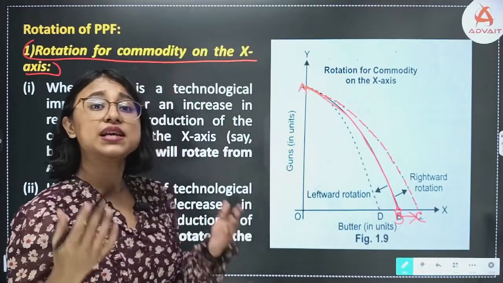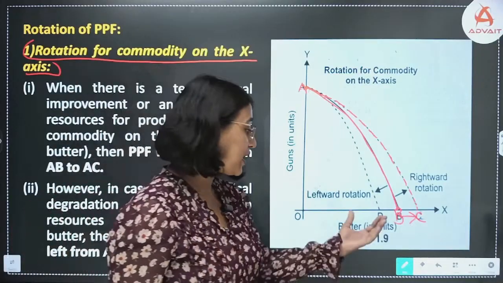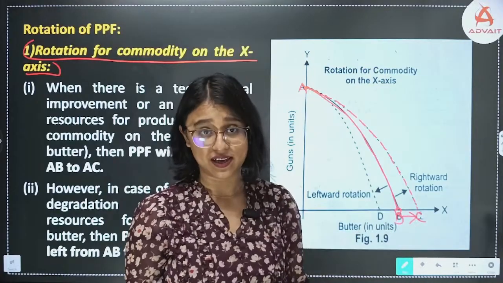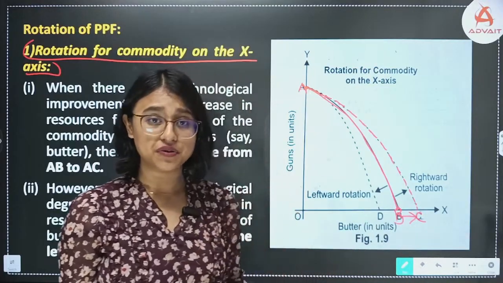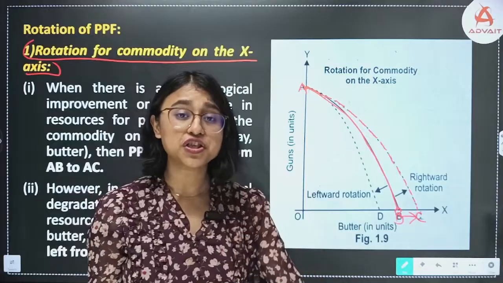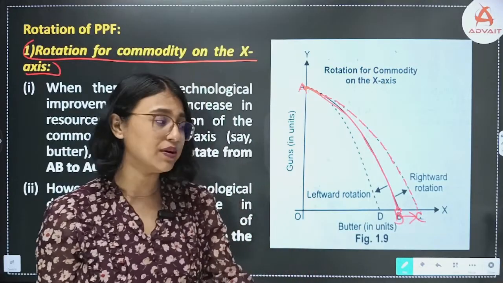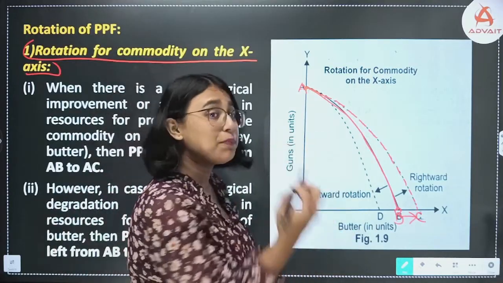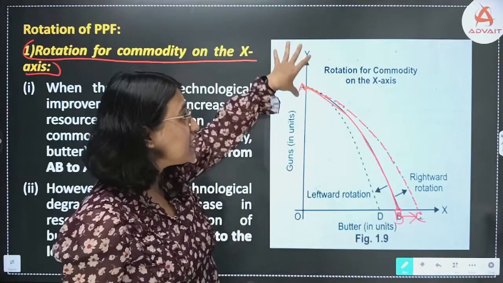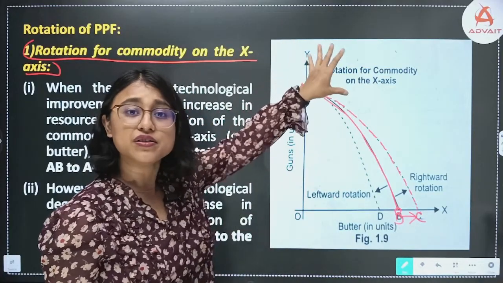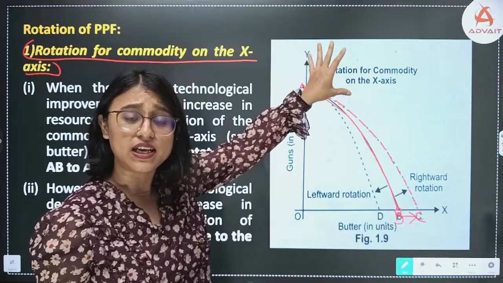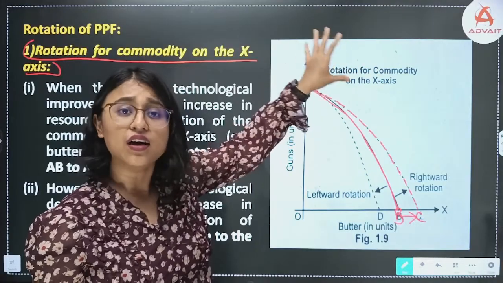Similarly, যেতিয়া productive capacity of production of butter কমি আহিছে, technological degradation হৈছে, suppose there is reduction in the resources available, তেতিয়া কি হ'ব, the PPF will not change along y-axis because there is no change in productive capacity for the good we are taking in the y-axis.